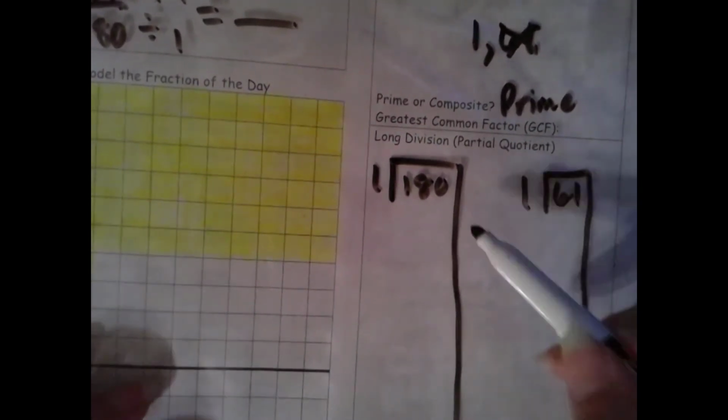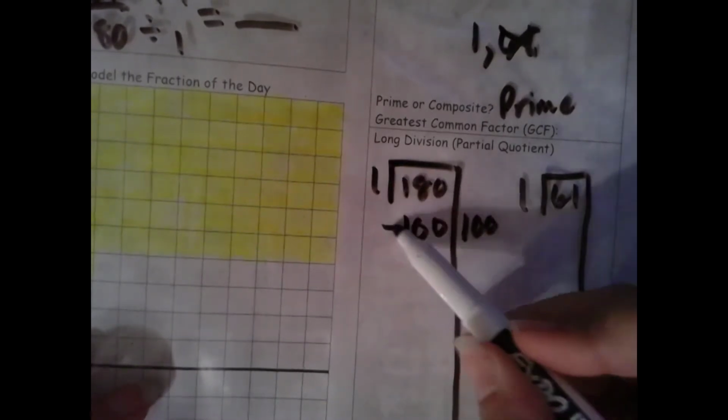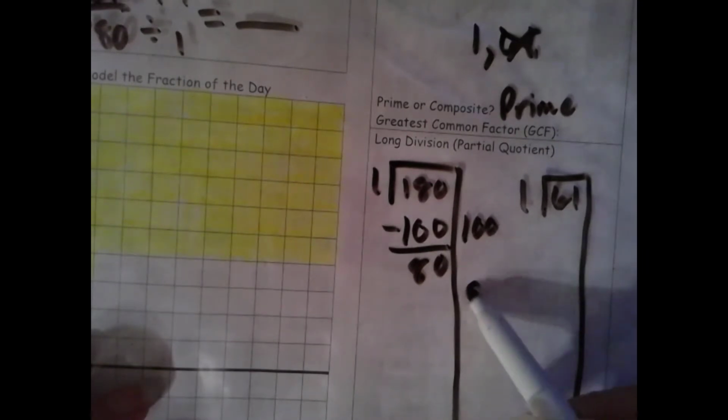So we're going to do 180 divided by 1. And 61 divided by 1. So if I do 100 times 1, that's 100. Numbers the same, zeros the game. More on top, no need to stop. And 80 times 1 is 80.